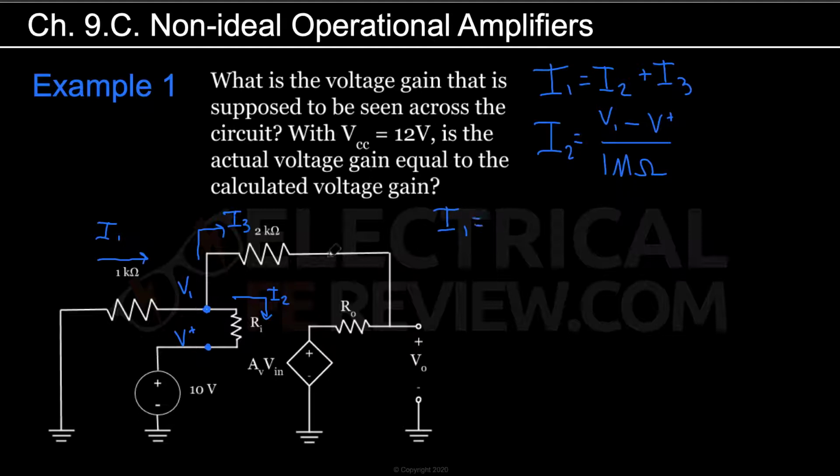I1 is going to be equivalent to the voltage across this resistor, which is going to be 0 volts minus V1 divided by 1 kilo ohm, and I3 is going to be equivalent to the voltage across this resistor, which is going to be V1 minus Vout divided by the 2 kilo ohm resistor.